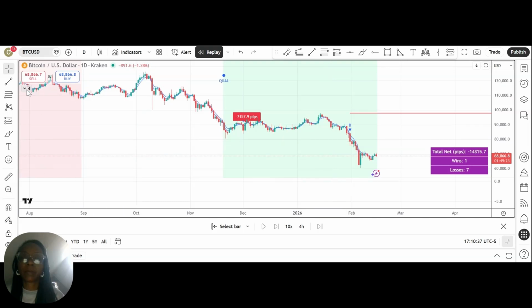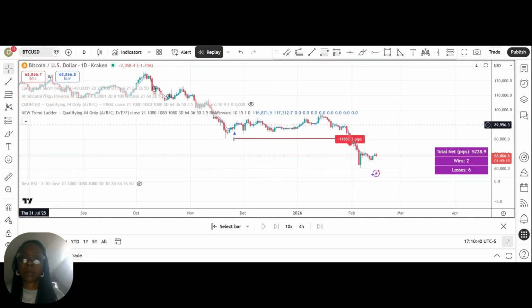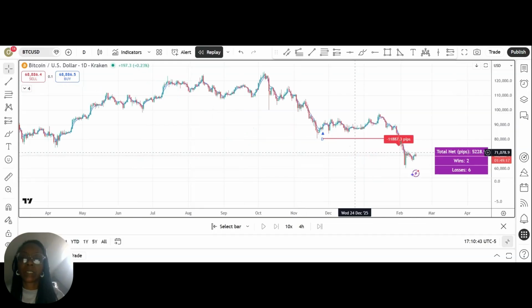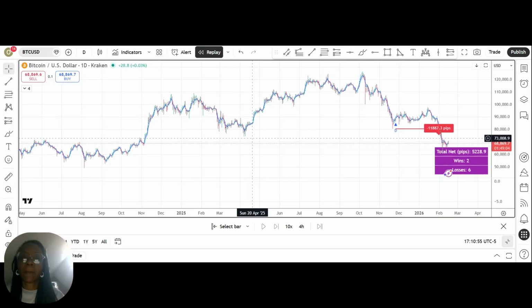We don't have anything telling us to come back in for a long. So this is how powerful this indicator is. It's helping you make your decisions on taking long or short entries.